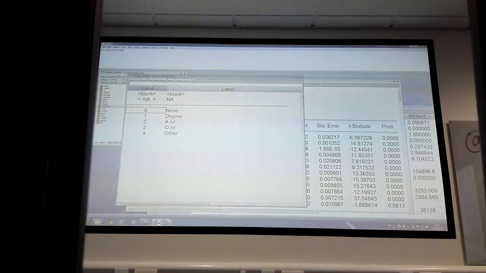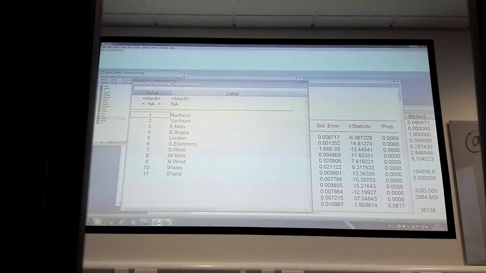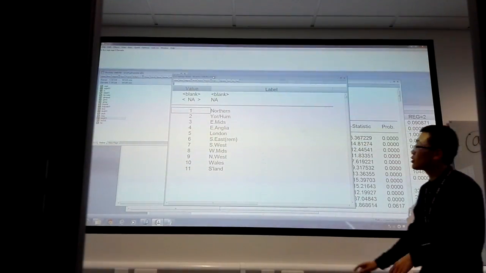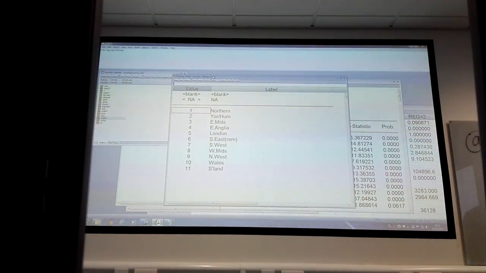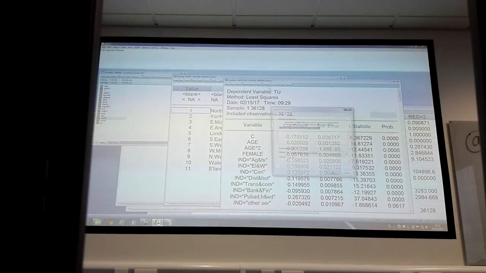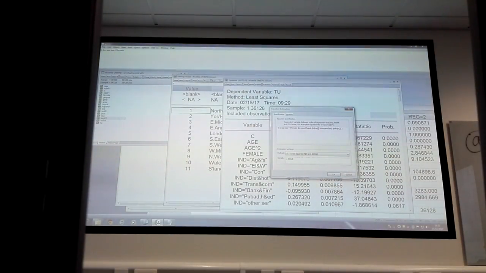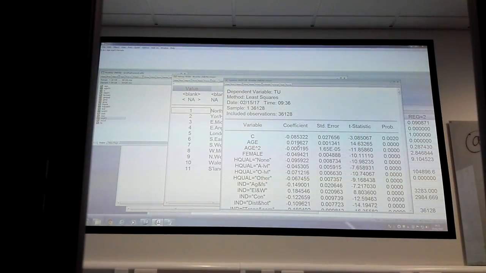And for the region value, we can see we have 11 regions. We want to drop the 11th value because that is the one who is from Scotland. So ultimately, I would modify our regression, drop the value of HQ using 1, and then also add in the region variable, but drop the value of 11 because that is the category indicating the individuals from Scotland.